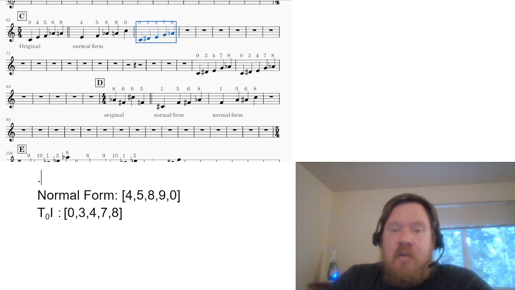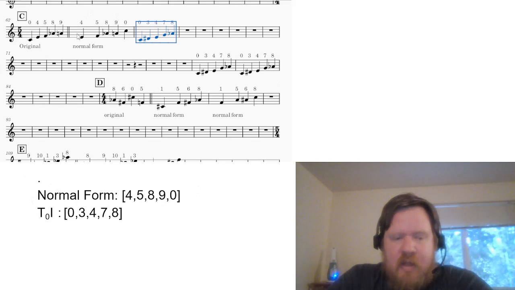So now if we wanted to use our bracket notation, we've got that right here. We'll have a bracket, and we've got our integers 4, 5, 8, 9, 0, commas in between, no spaces anywhere. It's very important. I can't emphasize that enough. And actually that is this one over here.